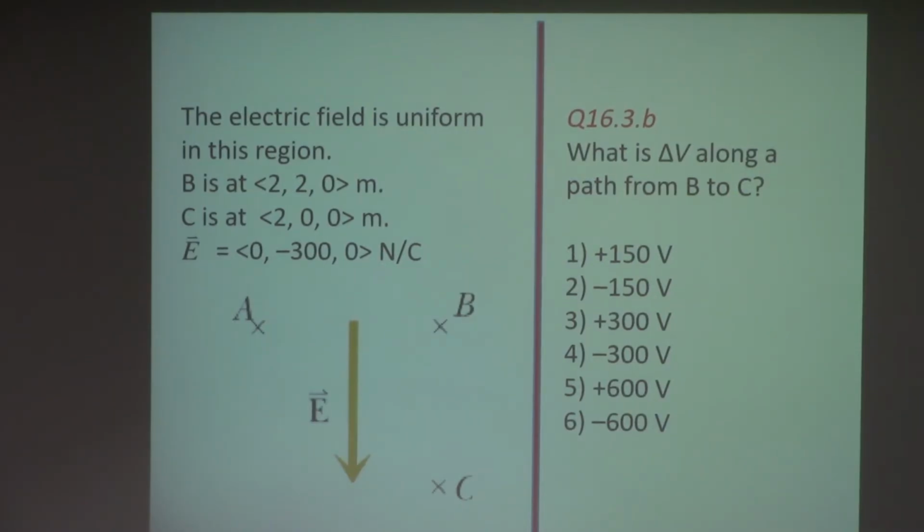So what's the answer? Okay, I see 5s and I see 6s. So we agree on the absolute value, but we disagree on the sign. So let's check out the sign.